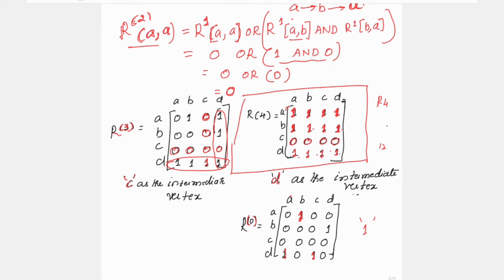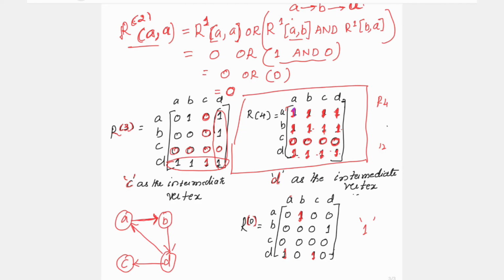A to A there is a path existing, A to B there is a path existing, A to C path existing, B to D here. Then now only C to A, C to B, C to C and C to D there is no path existing, whereas once again D to A, D to B, D to C and D to D there is a path existing. So you can always cross verify once again with the graph which was initially given in the question.